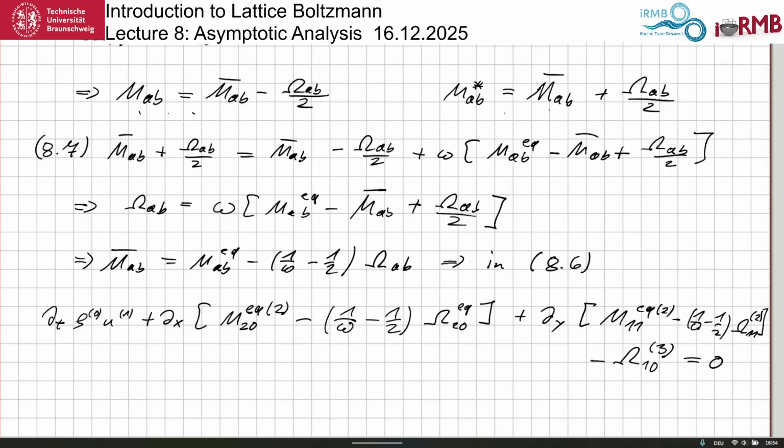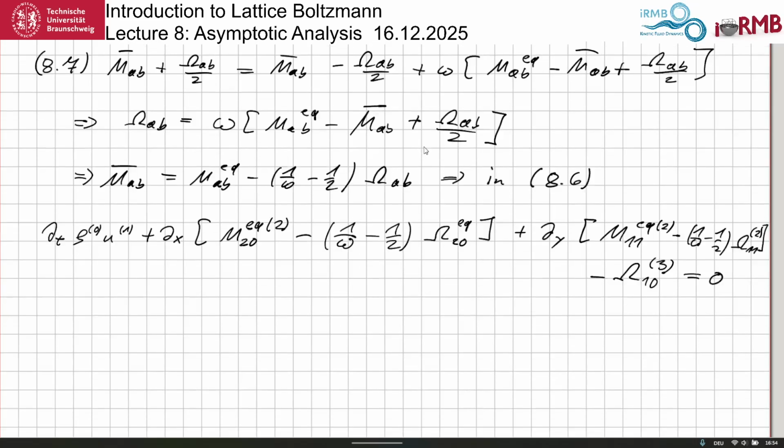So now this is something that we've learned. M20 equilibrium to second order is what? U square. Okay, so u to first order squared, rho 0 order. Plus, so that's not all of it.